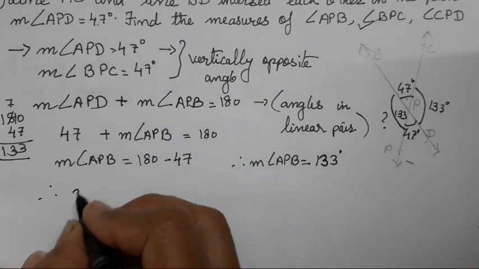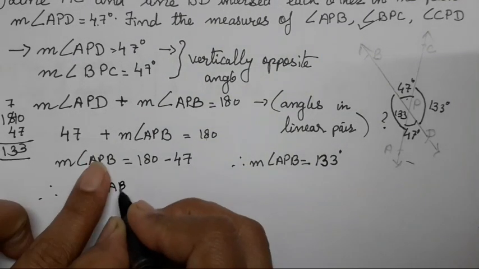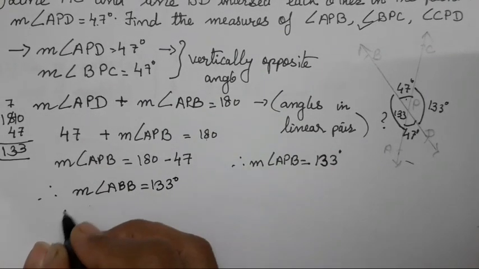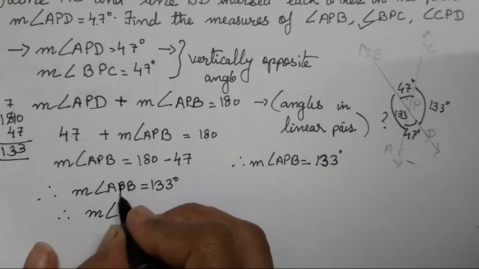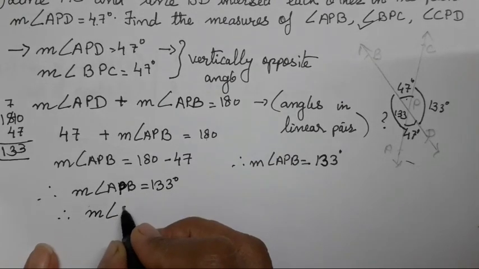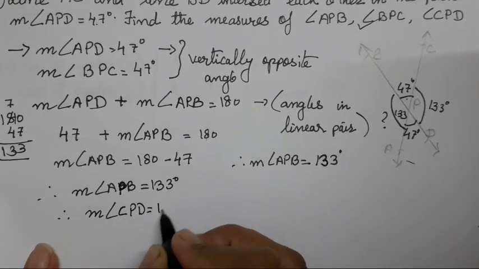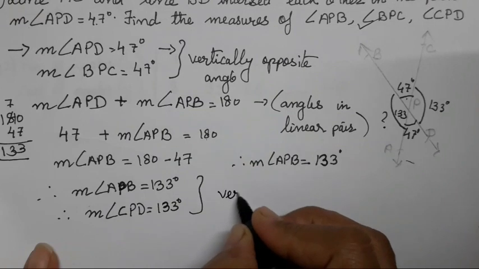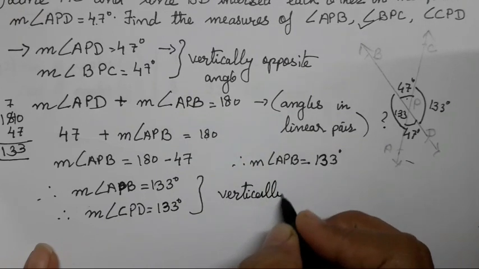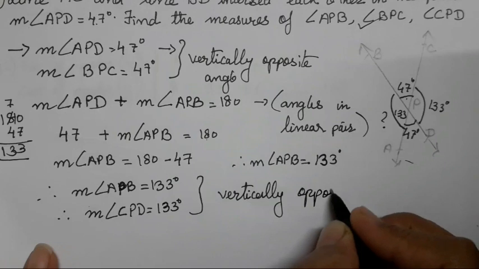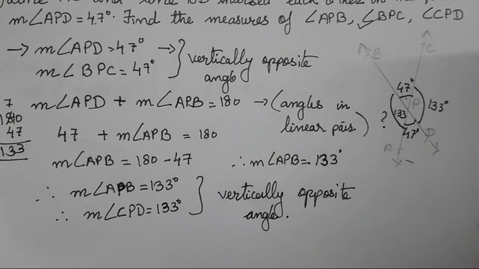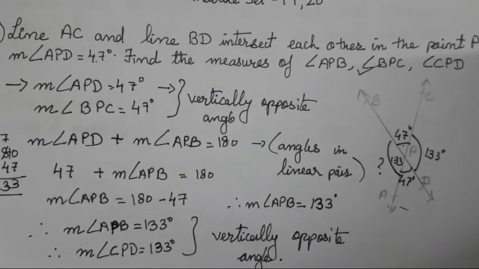So therefore, if measure of angle APB is 133 degree, therefore measure of angle CPD is also going to be 133 degree. इन दोनों का reason है vertically opposite angles. थोड़ा confusing है बट it is very easy children. If you all understand the concept it is going to be very easy for you all to solve.